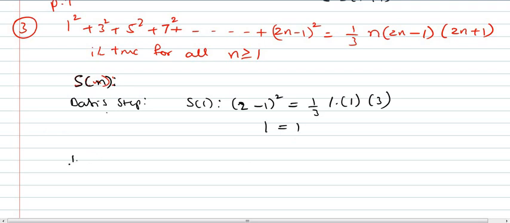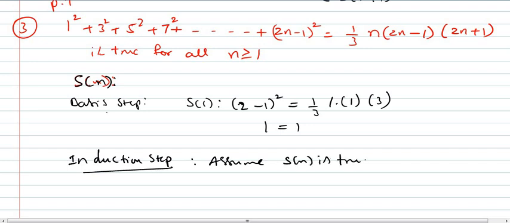Next, the induction step. Assume S of n is true for n is equal to k, k greater than or equal to 1. Now write the equation S of k.